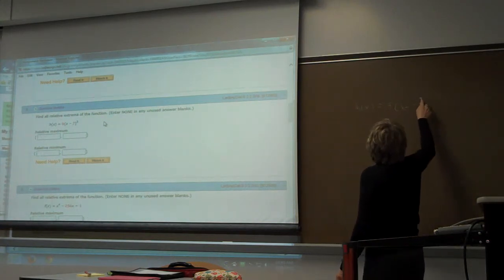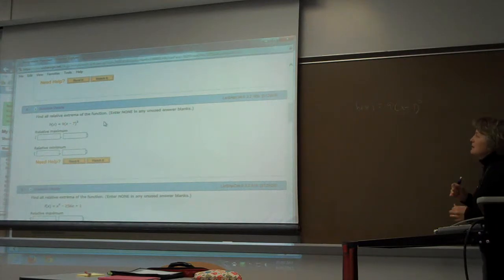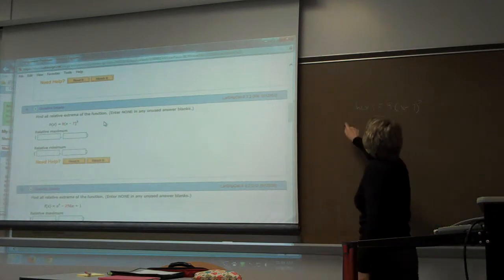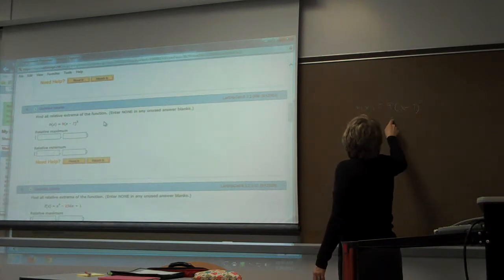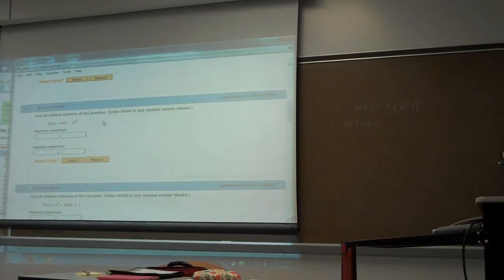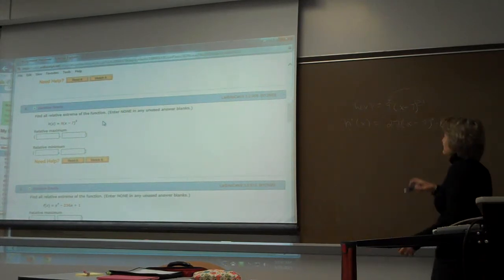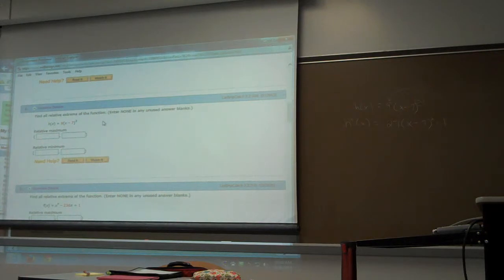You could expand this out if you wanted to. But since I'm only getting the first derivative, I'm not in section 3.3 yet. I think it's just as simple to remember the chain rule and bring your 3 down, drop the degree to 2, and multiply by 1. So your critical point would be 7, right?